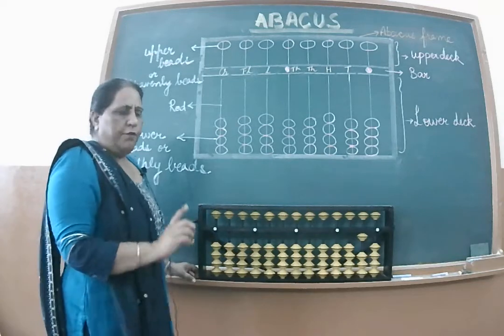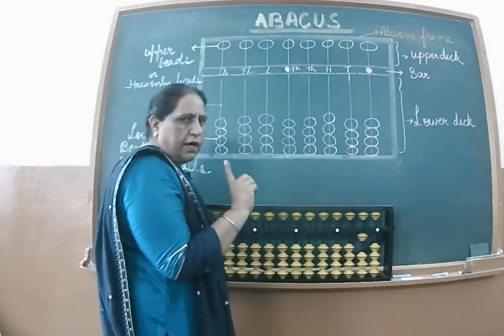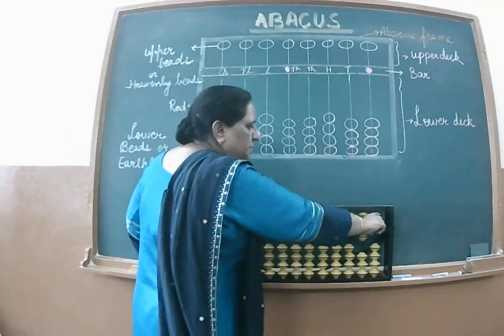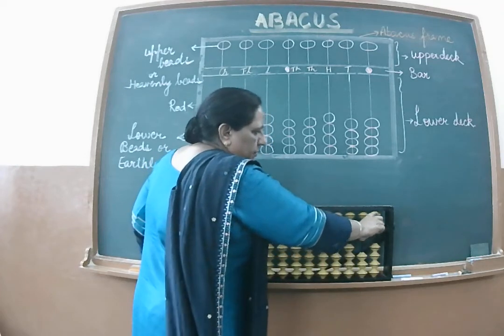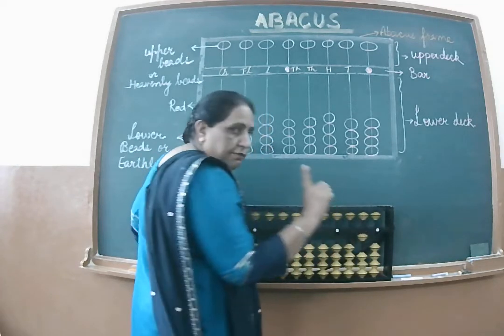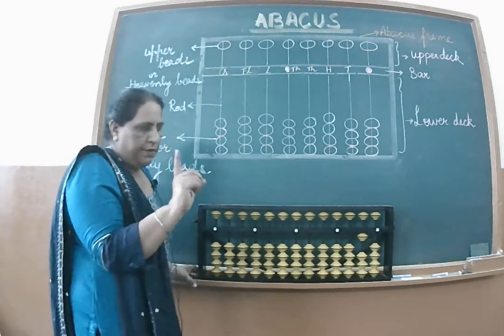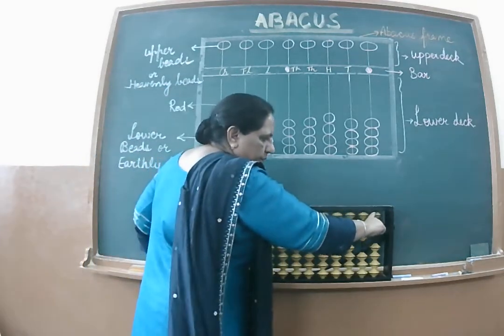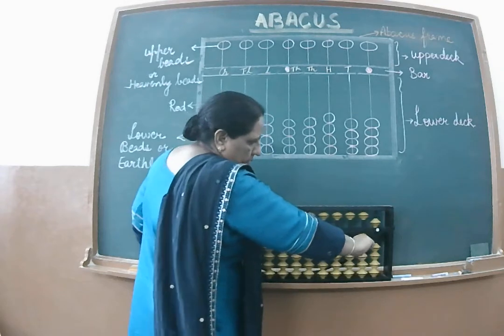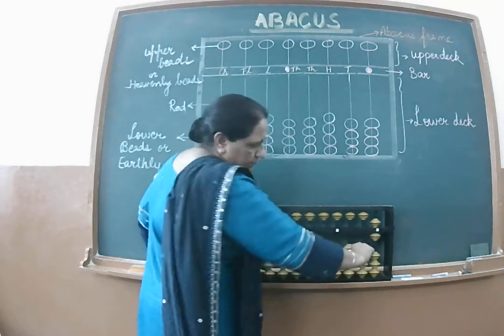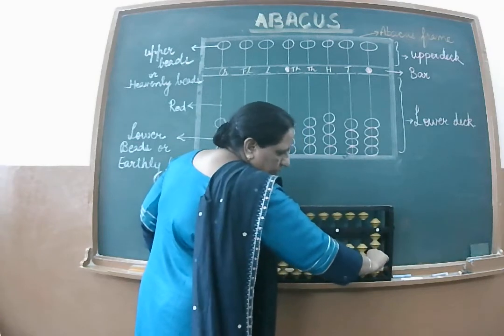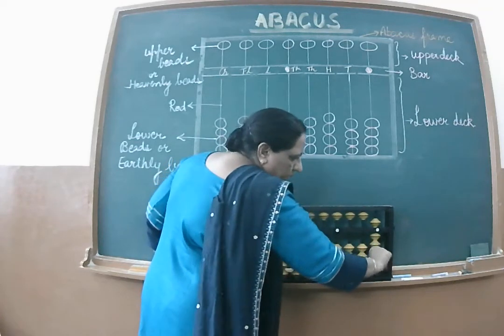Now first of all we will start from the ones place. At ones place there are 9 numbers. For the upper beads I will use the finger. This is 5. Then this is 6, 7, 8, 9.